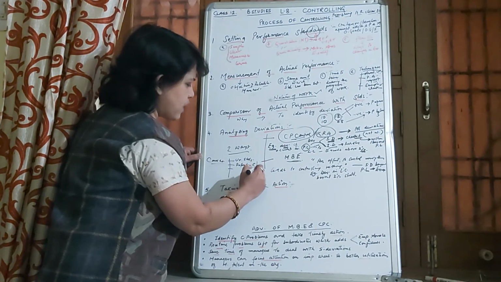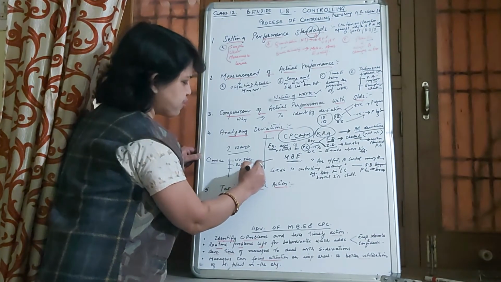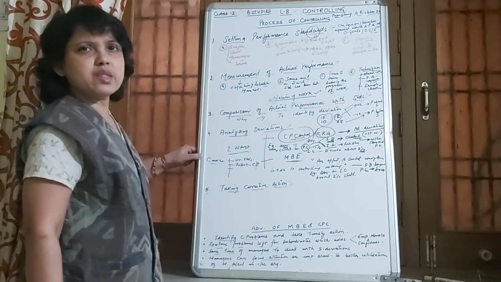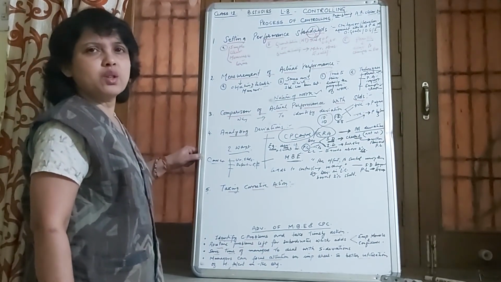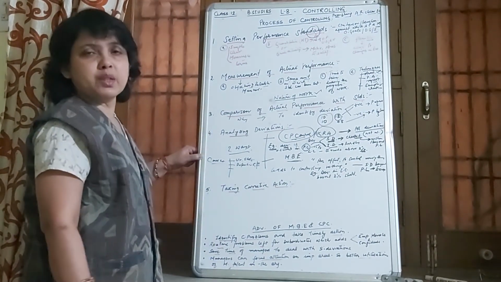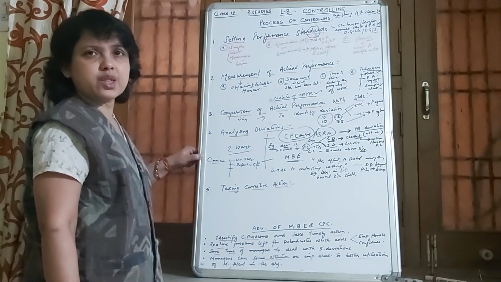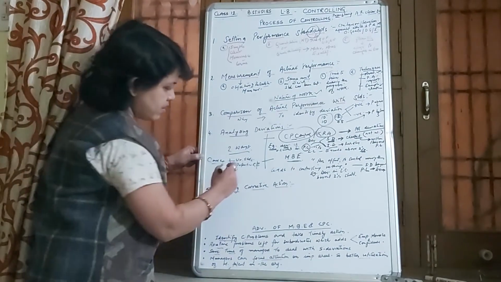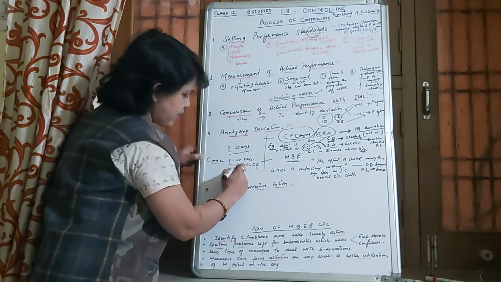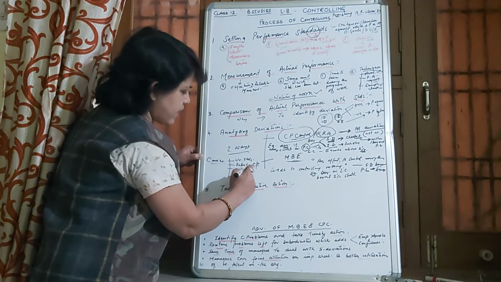It may be in the form of raw materials, material resources, or not proper human resources working in the organization, or a defective working environment.